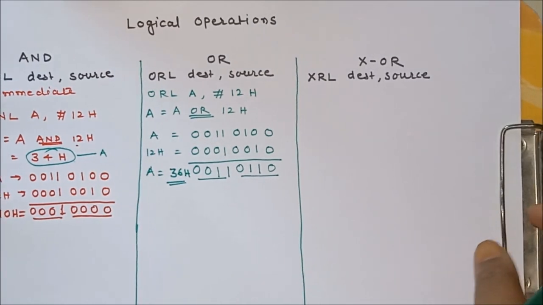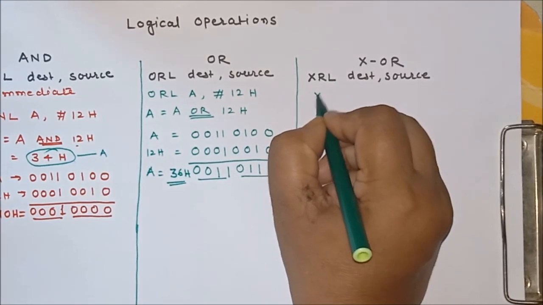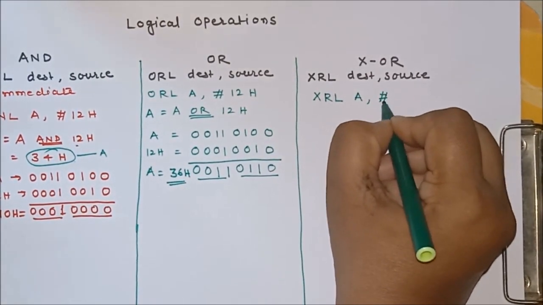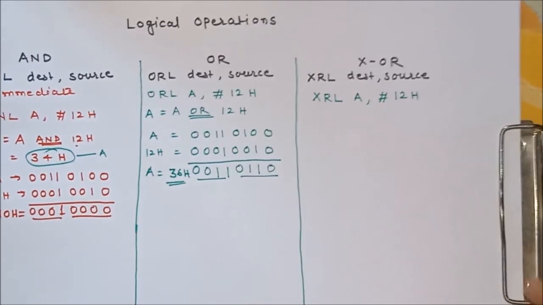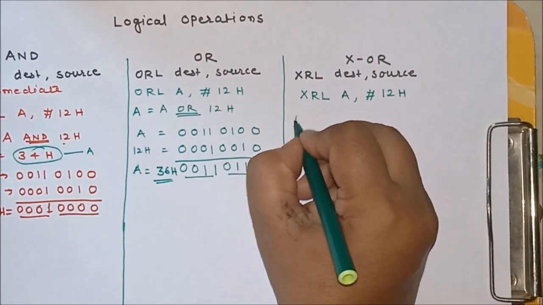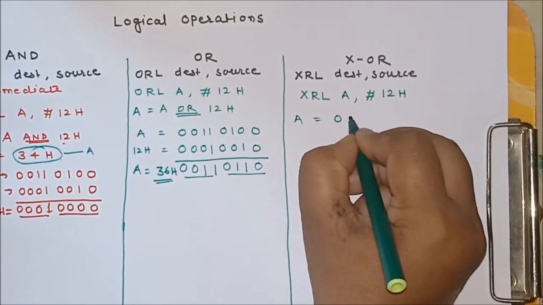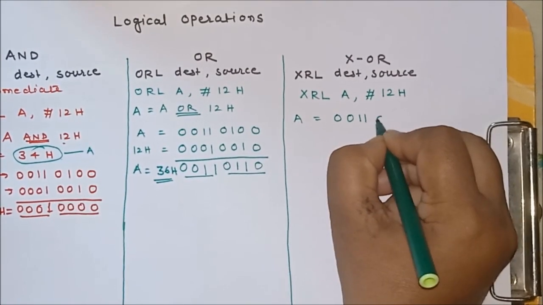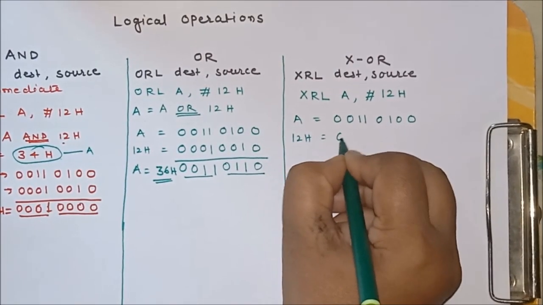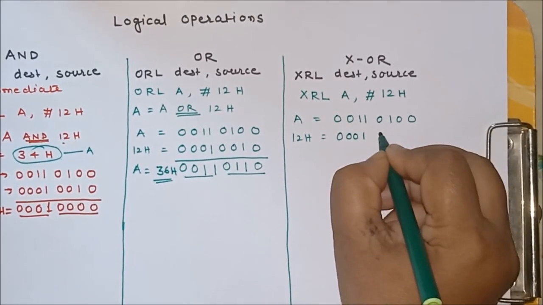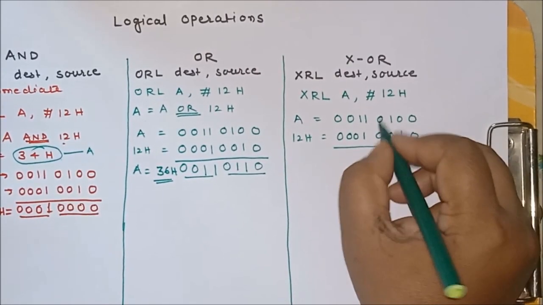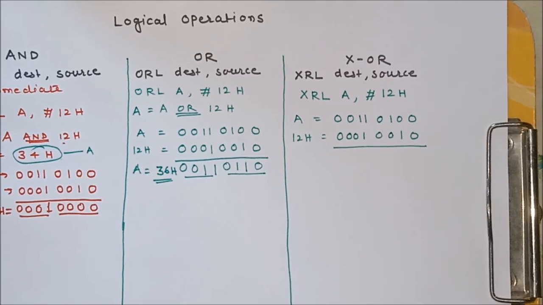Same for XOR. In immediate addressing mode we write XRL, destination is the accumulator, and any number. Take the example of 12H. Suppose 34H is stored in the accumulator, and 12H is 0 0 0 1 0 0 1 0. Bit by bit XOR operation will be performed.